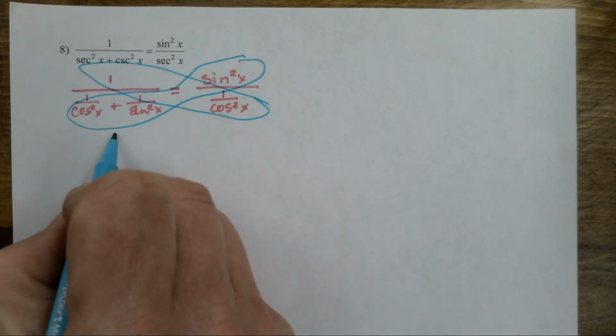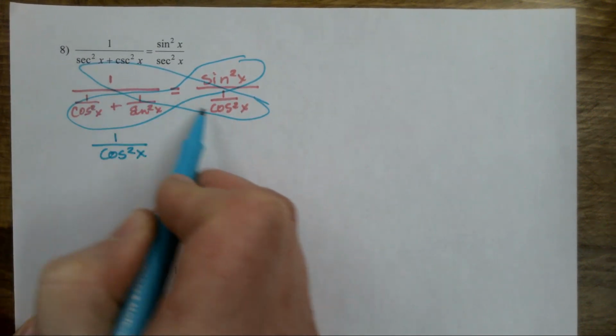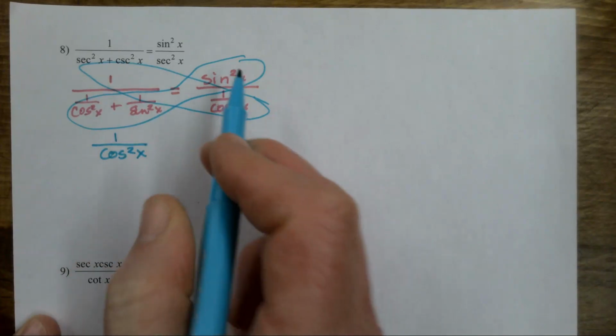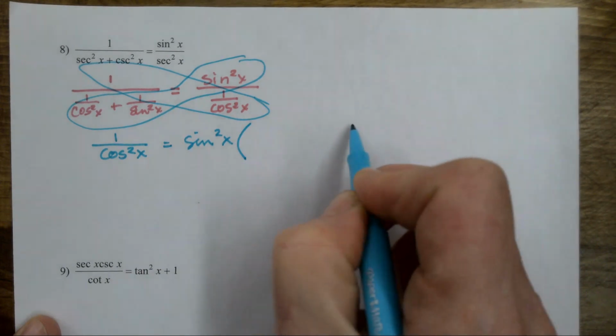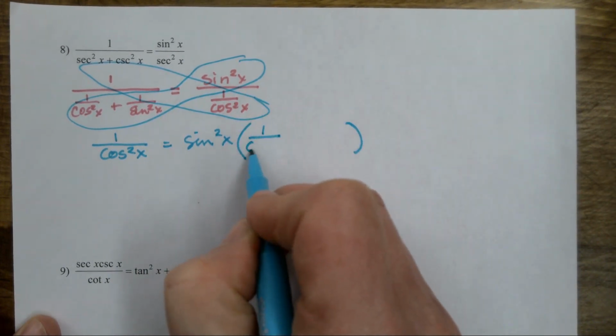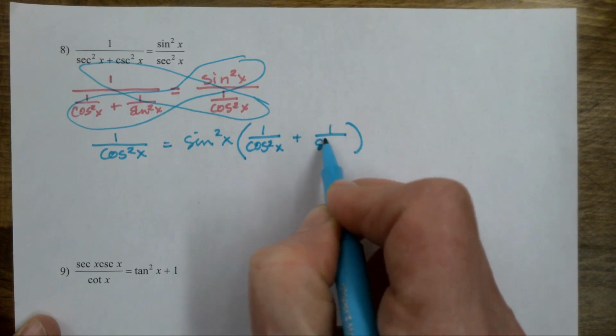And so that leaves me with 1 over cosine squared. That's my first cross product. And sine squared times that whole big catastrophe that caused the issue where I can't flip and multiply.